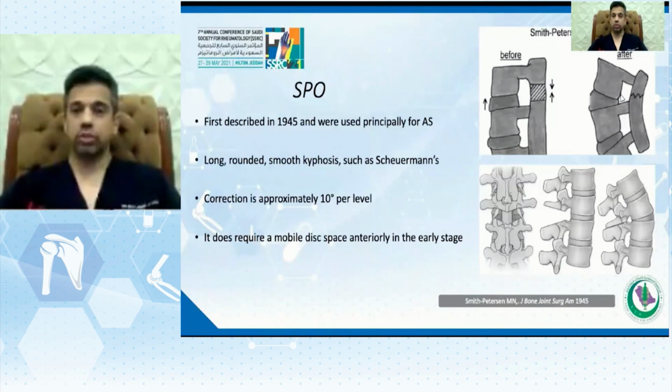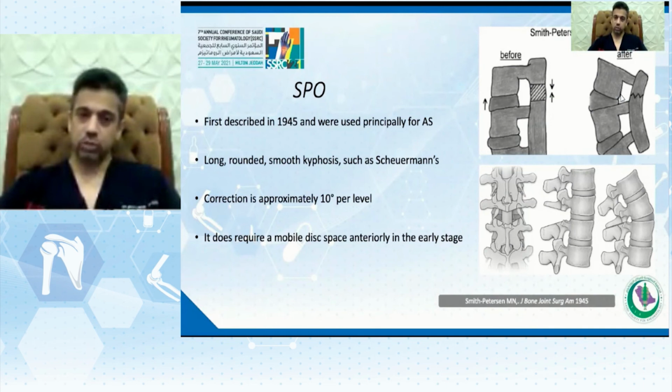Of the types of osteotomy, the simple one is called the Smith-Petersen osteotomy. We get that osteotomy by resecting the posterior element of the spine and closing that gap, usually about 1 centimeter. We resect the ligamentum flavum as well in order to free the neural tissue and avoid buckling it. This was described in 1945 for ankylosing spondylitis.